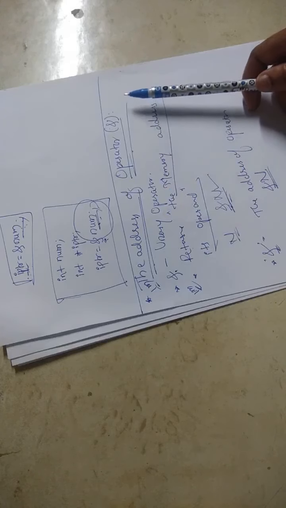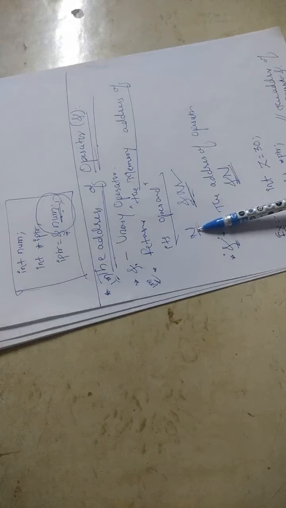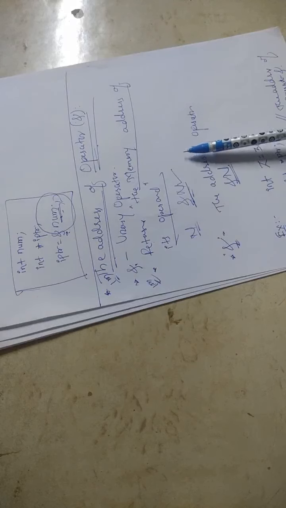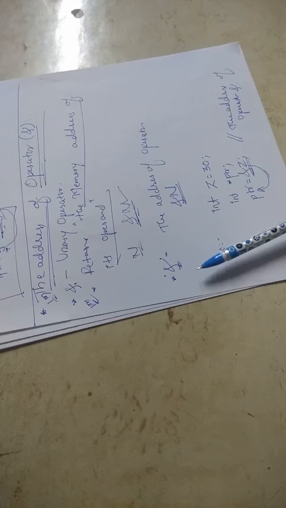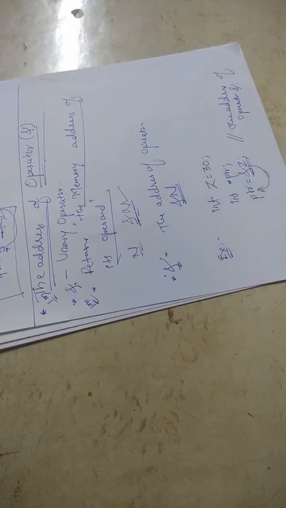The variables this symbol is used with are called the operand for that moment. Done. So for example, n is a variable, the ampersand symbol and n, is called the address of n. So this ampersand symbol is read as the address of operator, the address of n. Like that you have to read it. Now how can we use it in the program?